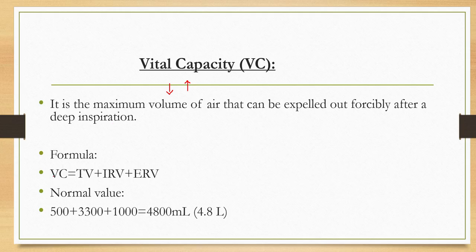Here is the formula: VC is equal to TV plus IRV plus ERV. VC, vital capacity; TV, tidal volume plus IRV, inspiratory reserve volume plus ERV, expiratory reserve volume. Normal value 500 plus 3300 plus 1000 is equal to 4800 ml, that is 4.8 liter.